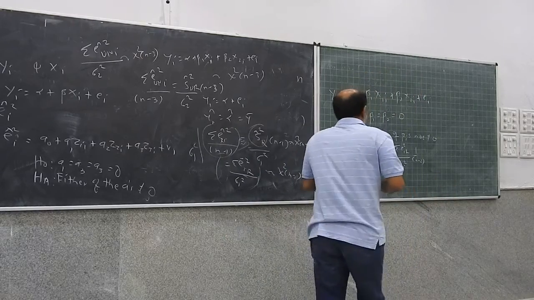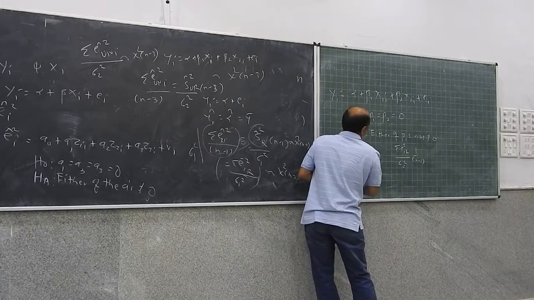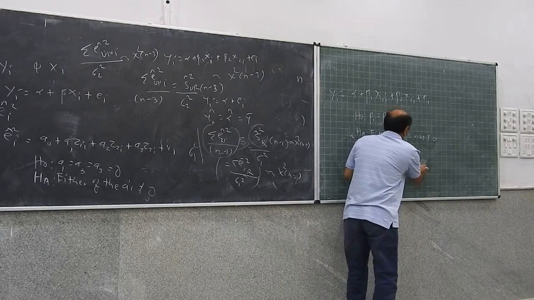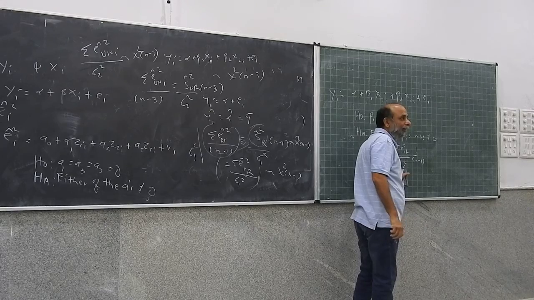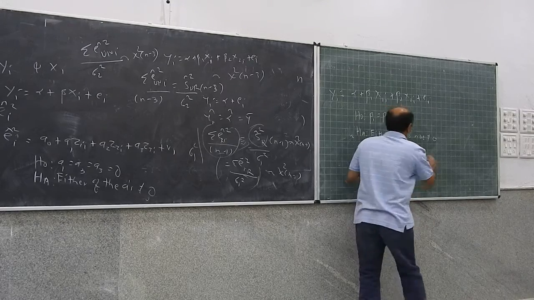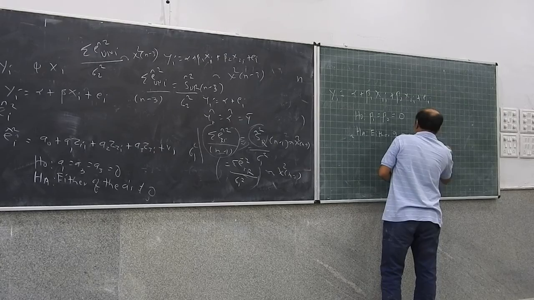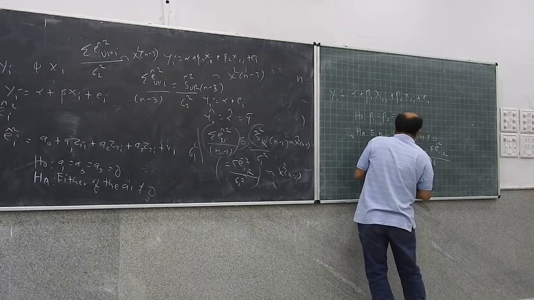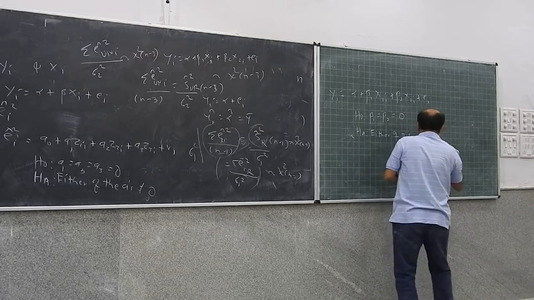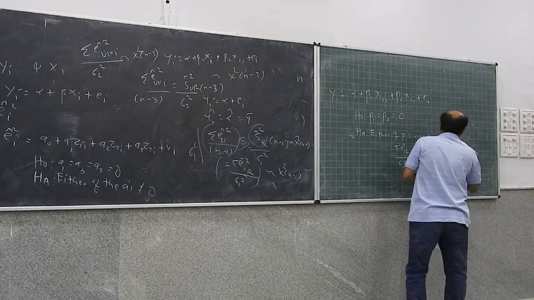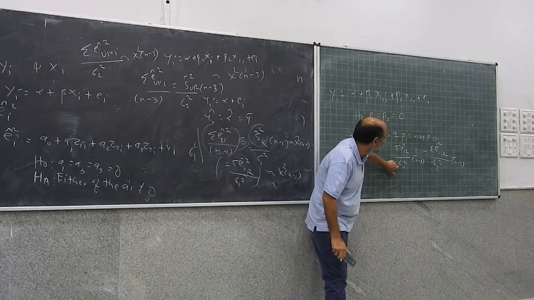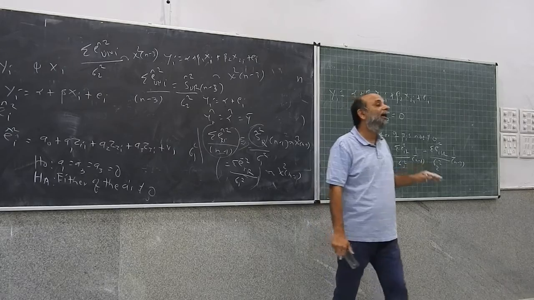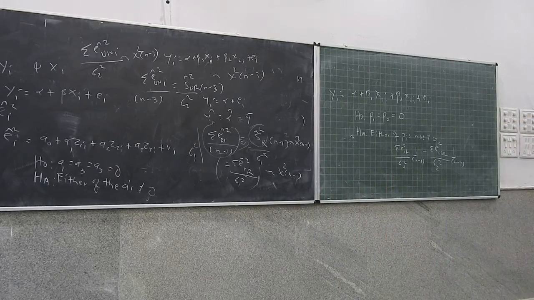Look at it this way: this is a chi-square distribution with n minus 1 degrees of freedom. If I subtract from it, I have a chi-square with n minus 1 degrees of freedom minus a chi-square with n minus 3 degrees of freedom.